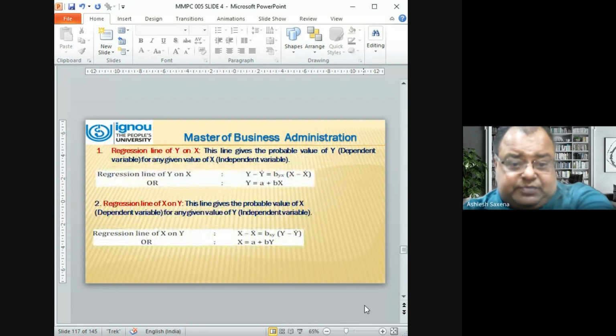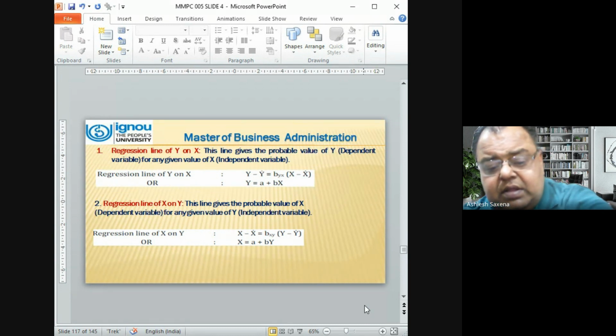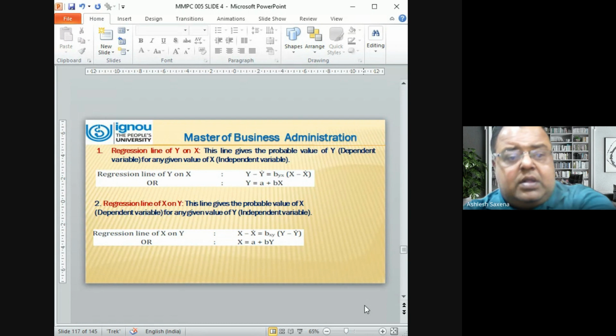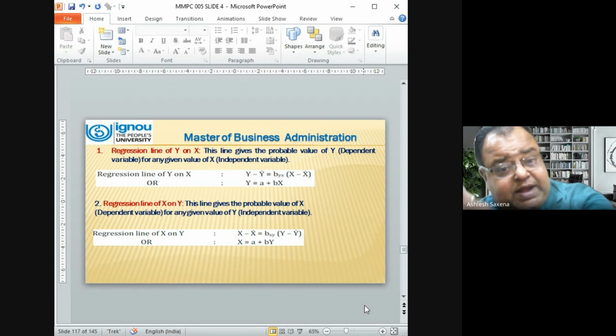Now, there comes the relation between the regression lines. The regression line of y on x gives the probable value of y, the dependent variable, for any given value of x, the independent variable.